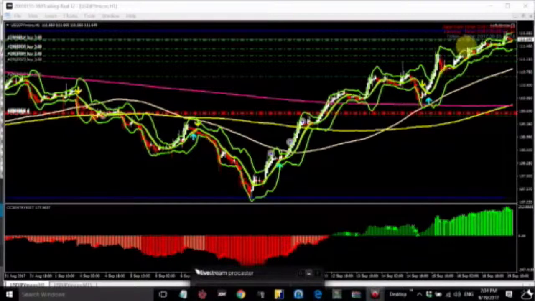We are going to break it, and see, we broke it. Price came down to relate with this same middle Bollinger Band, and you will see that later the price will shoot up and separate from this middle Bollinger Band.